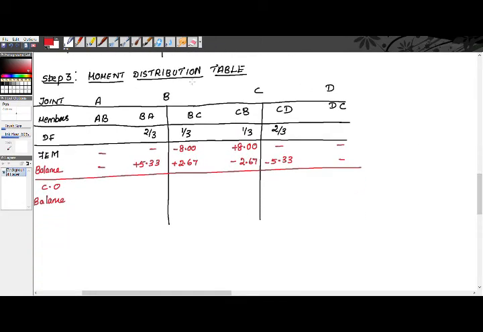While taking the moment distribution table, we have 4 joints A, B, C, D. At A the member is AB. At B we have 2 members, BA and BC. At C we have 2 members, CB and CD. At D we have DC. Now we will write the distribution factors which we determined in the last step.